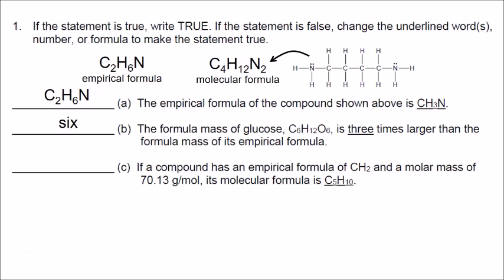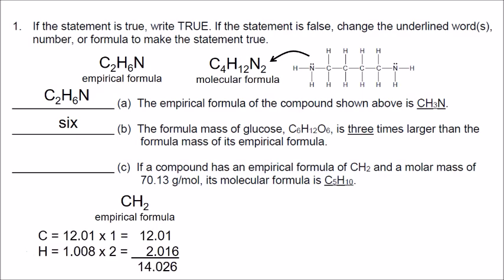In part C, if a compound has an empirical formula of CH2 and has a molar mass of 70.13 grams per mole, its molecular formula is C5H10. Well, the empirical formula is CH2, and that has a mass of 14.026.